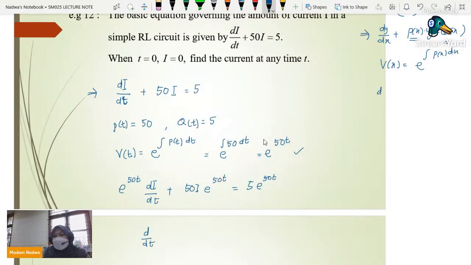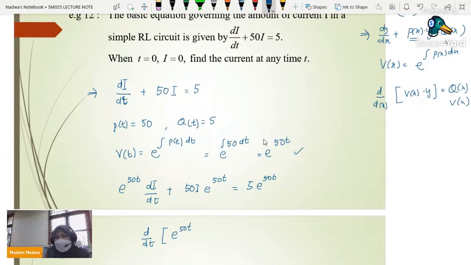Selalunya kita ada D over dx, D over dx dalam kurungan Vx dot Y. Okay, sama dengan kita punya Qx darab dengan Vx macam tu. Yang ni lah Vx darab Qx. So apa yang kita nak kena letak kat sini, kalau dah selalunya D over dx. So untuk case I dengan T, kita akan letak D over dt. Our Vx, so our integrating factor here is e to the power of 50t.